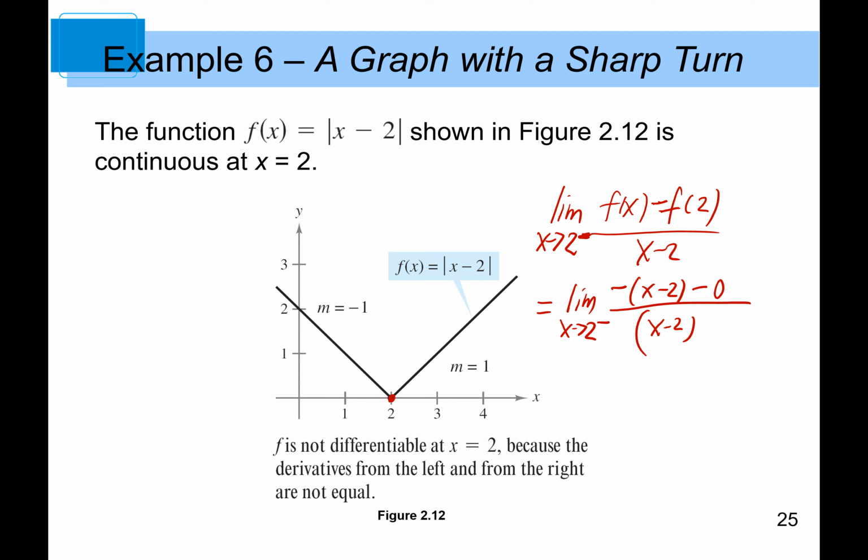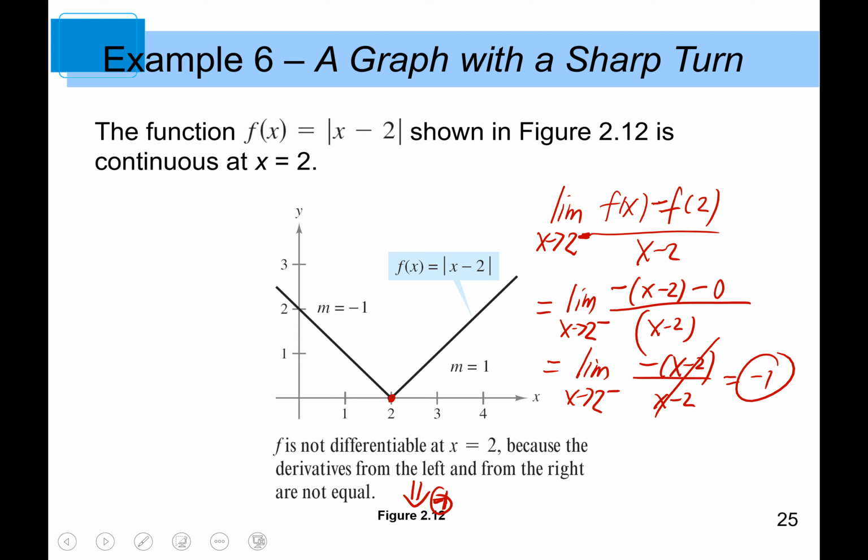We end up with the limit as x approaches 2 from the left of negative, x minus 2, over x minus 2. When we cancel, it becomes negative 1. So the derivative from the left is negative 1.